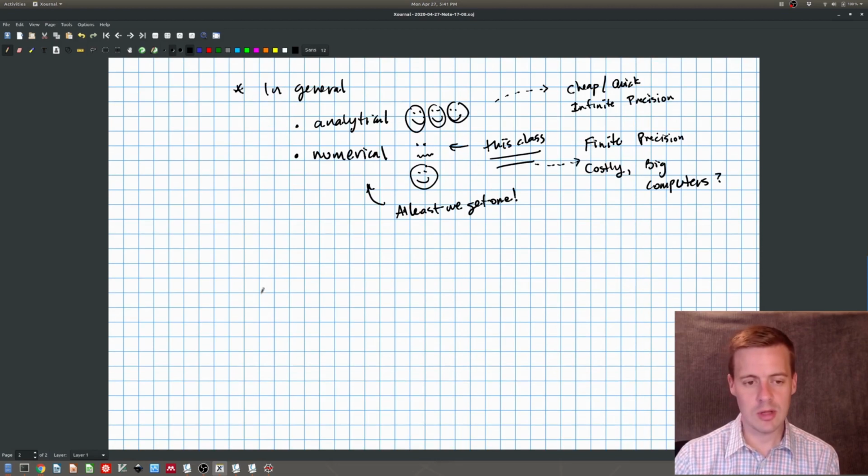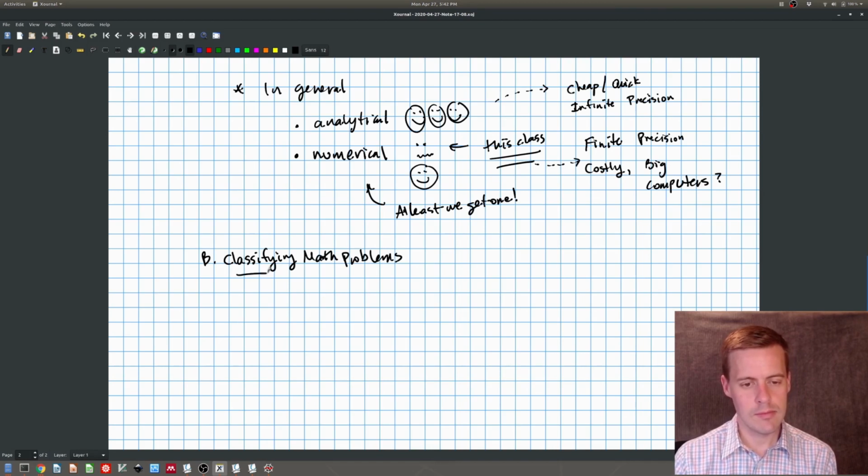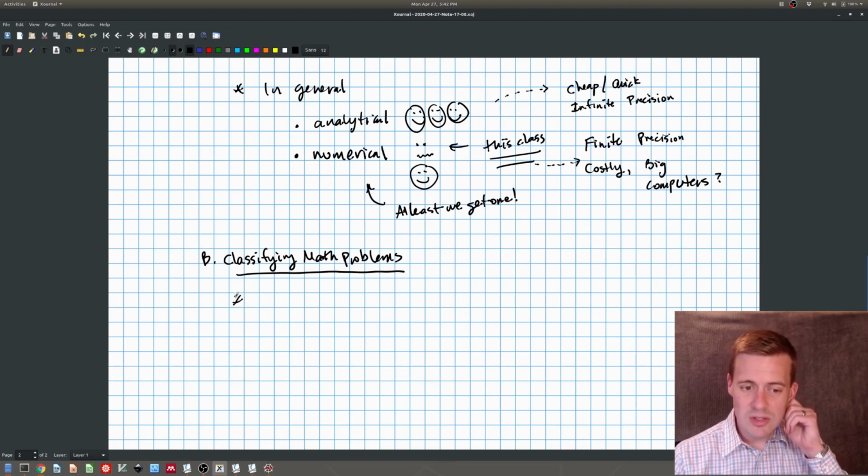Let's talk about the last part here, part B, which is classifying math problems. So to be able to solve a math problem, you have to be able to tell what kind of problem it is.